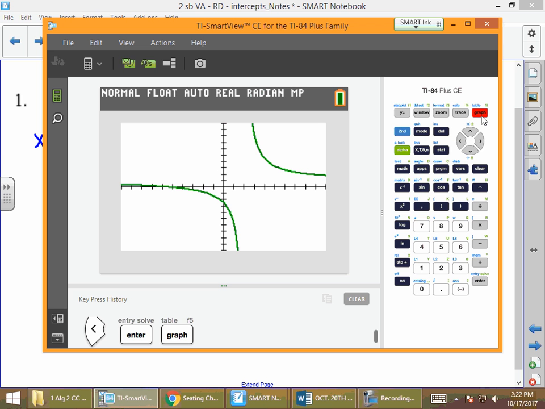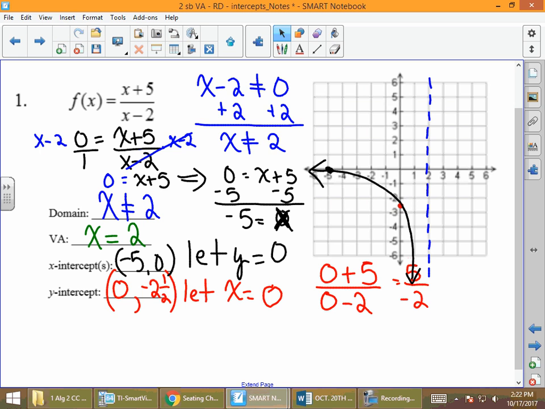We're just coming up with a rough sketch of the function. So we can put the other half in over here. But once again, a reminder that that vertical asymptote is where the gap is in the graph, which also relates back to the domain.